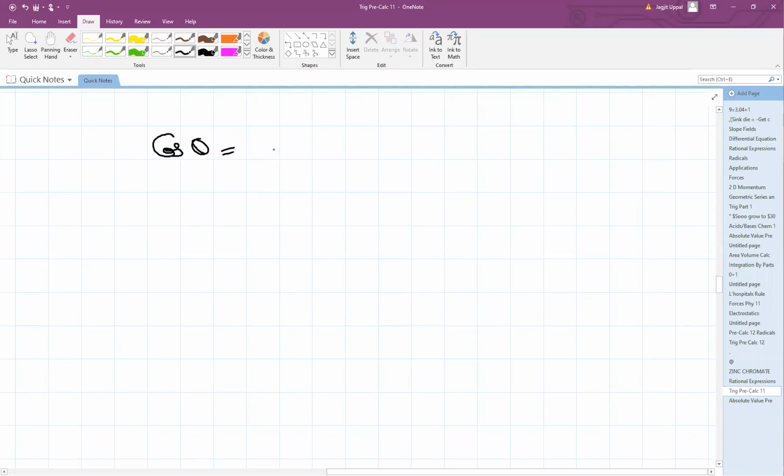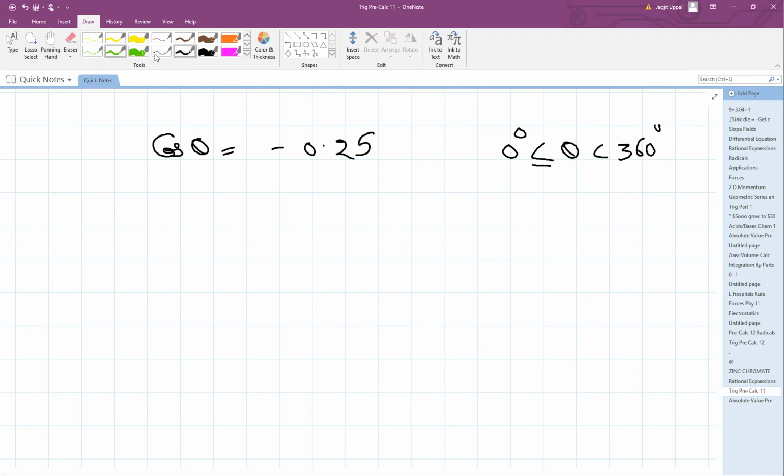Now I have cos theta is equal to minus 0.25. Be very careful. This is a super simple question, but I've seen people mess up on this. Now, guys, if you look at this question, clearly this is not a special angle value, so I'm going to have to use my calculator.